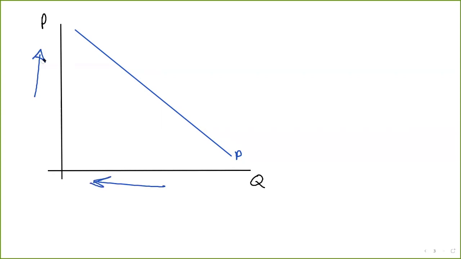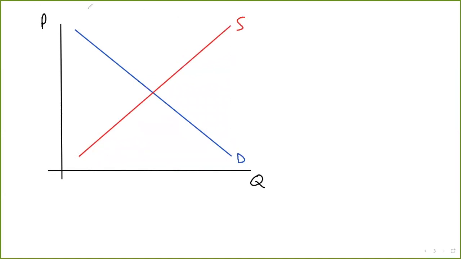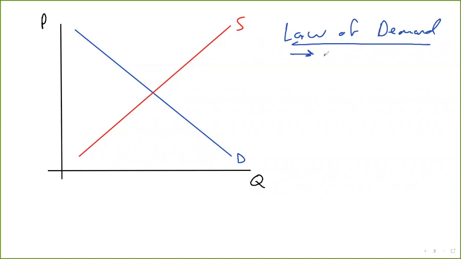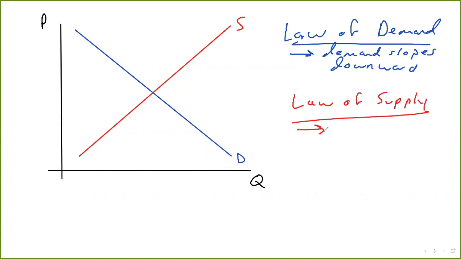And then we have supply, which slopes upward, because as prices increase, it becomes more profitable to be producing and selling that good, and so the quantity supplied also increases. Those two things are known as the law of demand, which implies demand slopes downward, and the analog is the law of supply, which implies supply slopes upward.